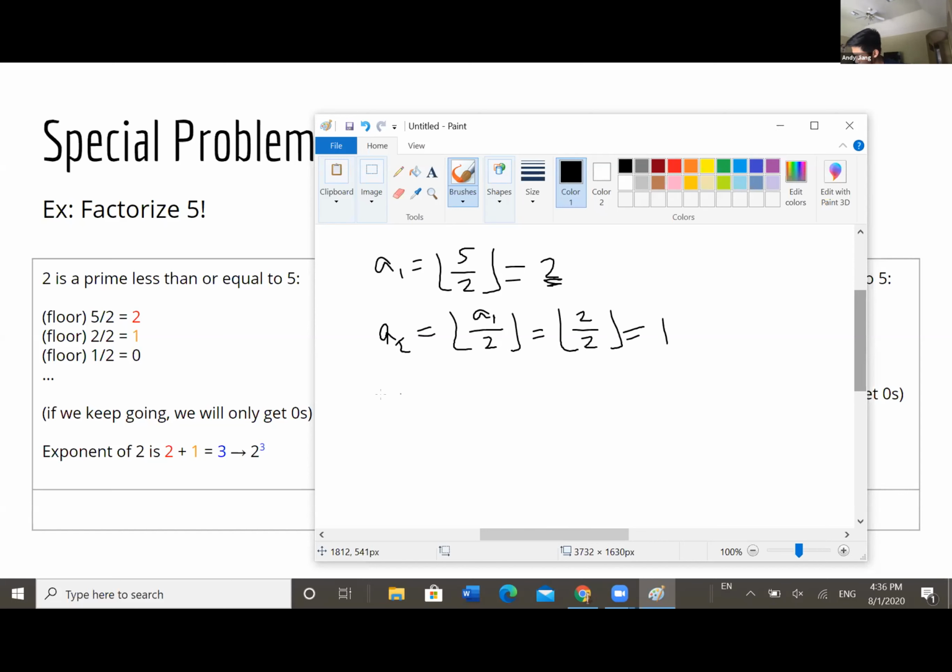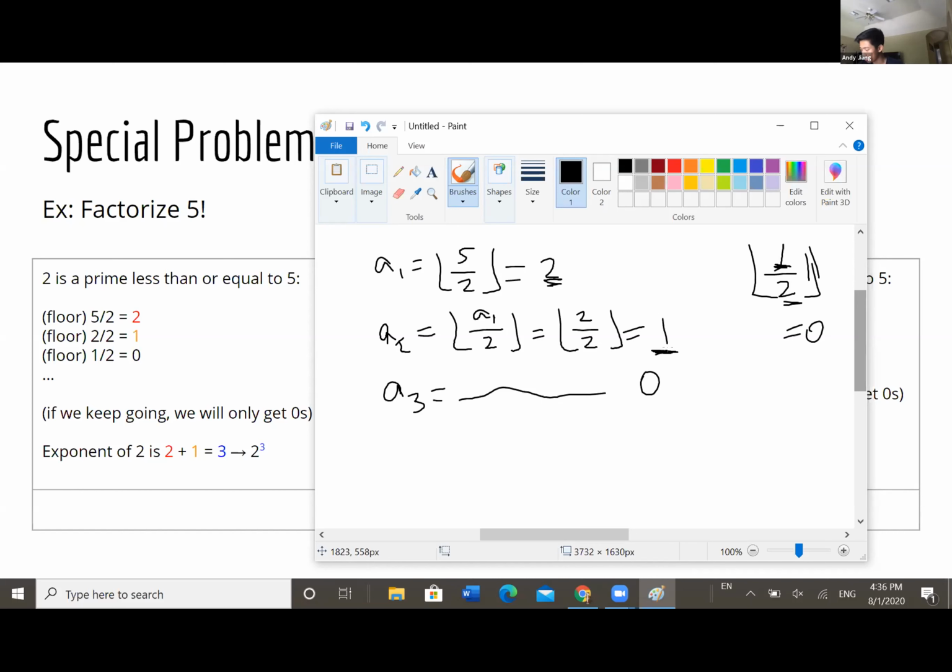And finally, I know that this number is going to be 0, because if I'm doing 1 over 2 and then flooring that, it has to be 0 because 1 is less than 2. So I can do this process until I get a number that's less than the prime.